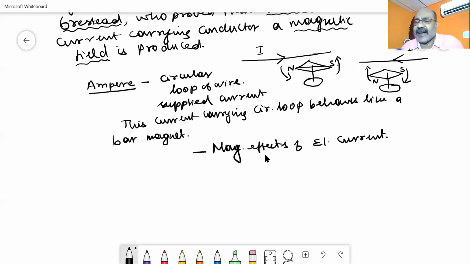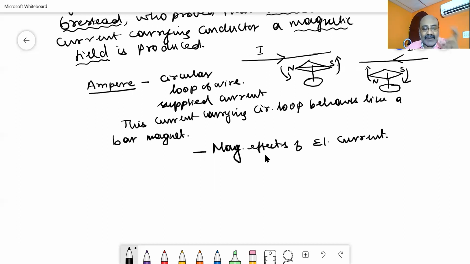After studying the magnetic effect of electrical current, the idea of the reverse effect was studied by a number of scientists. What is the reverse effect? Is it possible to develop electrical current by a change produced in a magnetic effect?